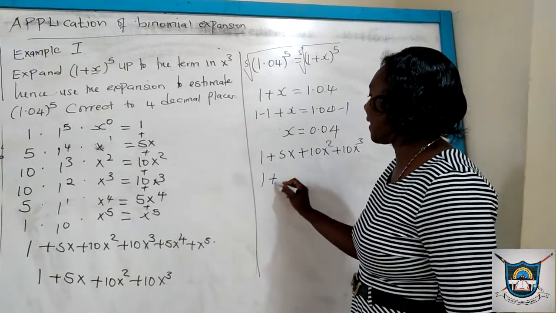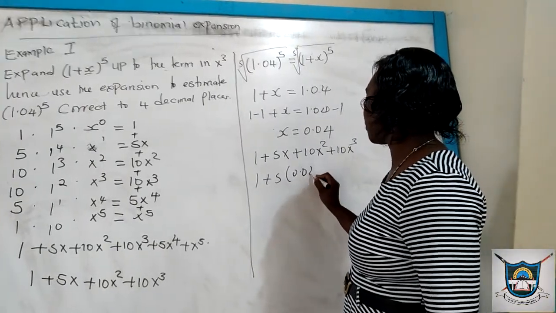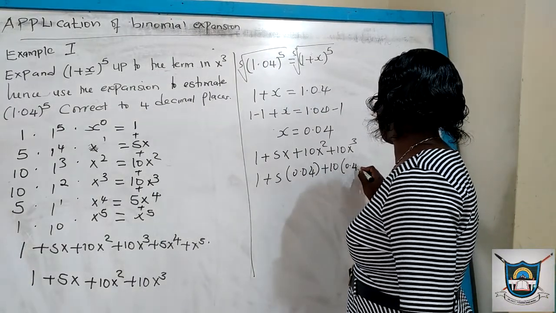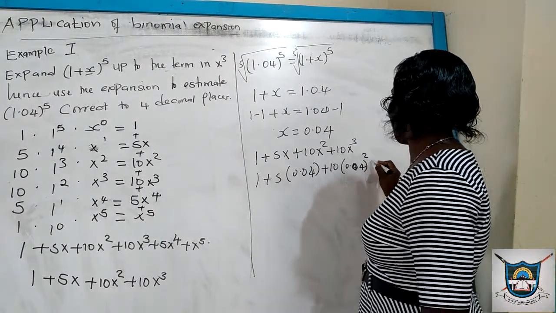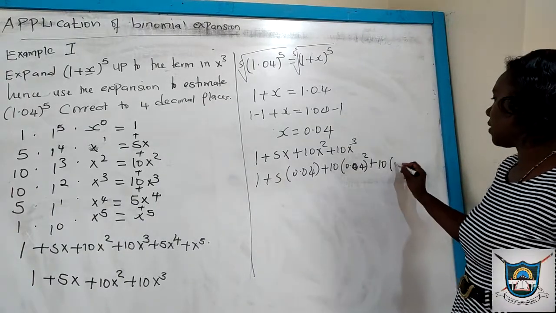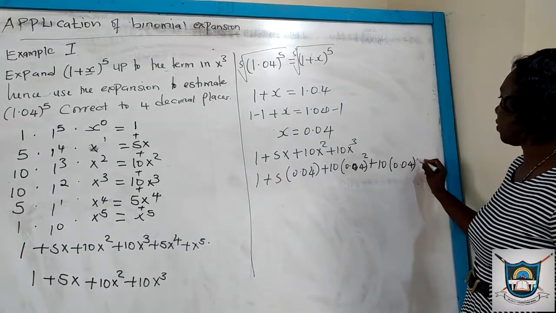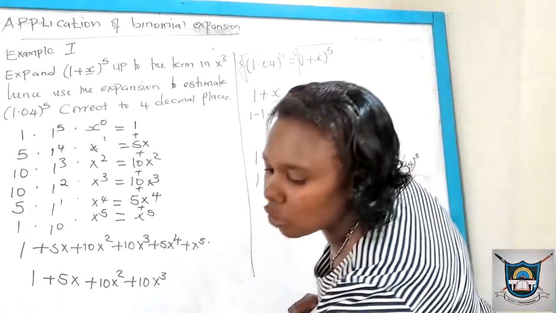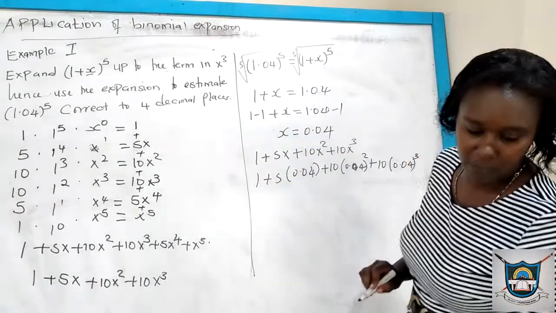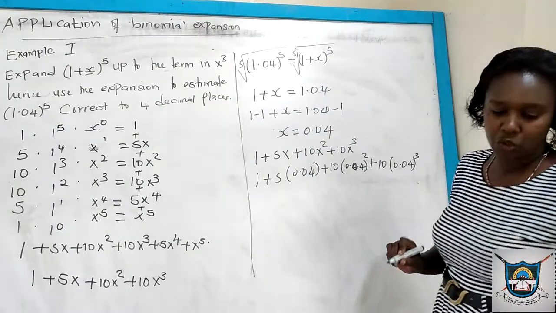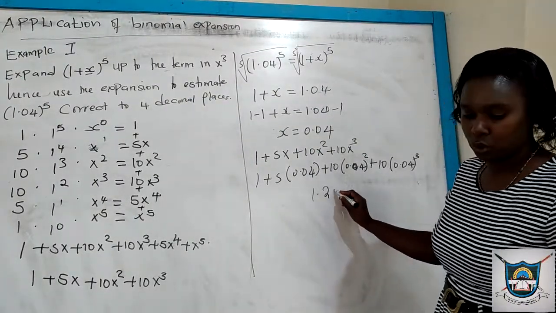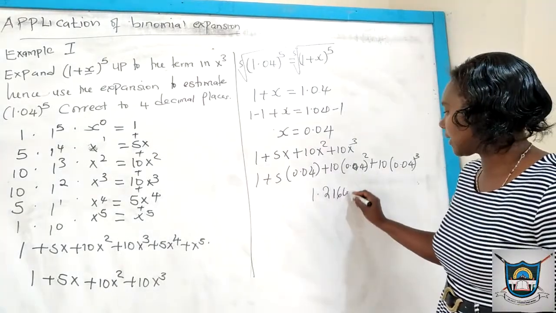So we have 1 plus 5 times 0.04 plus 10 times 0.04 squared plus 10 times 0.04 cubed. Once we do that, we'll be able to get an answer. You use your calculator, you'll be able to get an answer which is 1.21665.